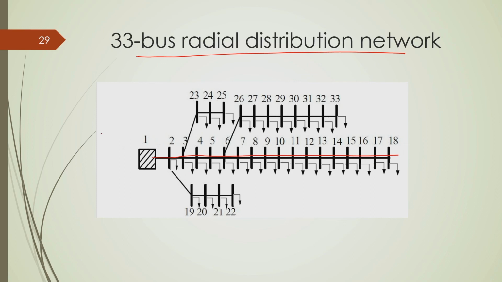It is also a single feeder network, along with some laterals. This is one lateral, this is another lateral, with one main feeder and three laterals, and the other things are similar.